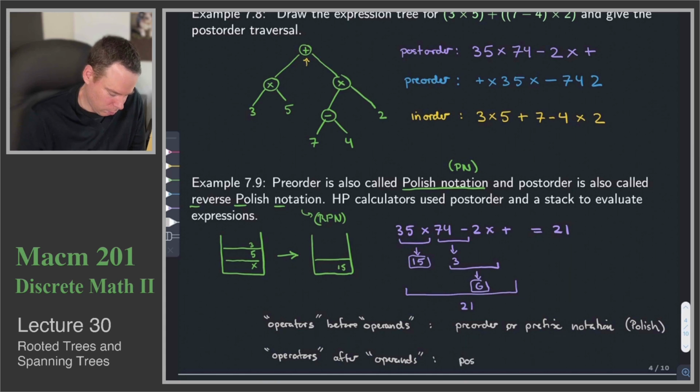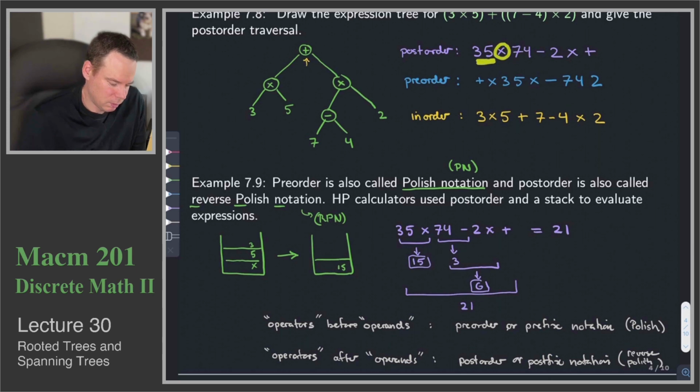That is our post order or postfix notation. And that's also referred to as reverse Polish notation. And that we've seen up here, that when the operator is after the operands.